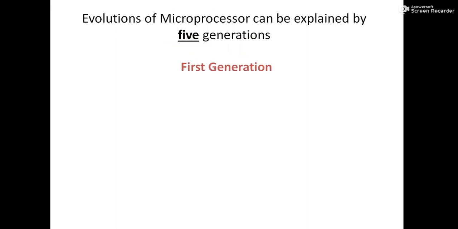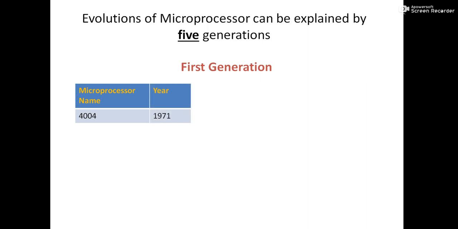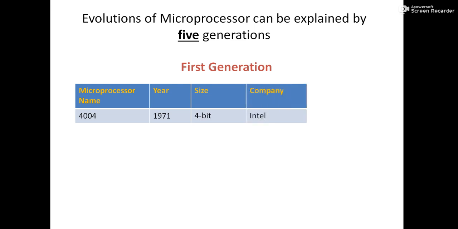Now first generation. The first microprocessor available in the market was 4004. It was introduced in the year 1971. The size of this microprocessor was 4-bit, and the company which introduced this microprocessor was Intel, and it was designed to be used in calculators to perform simple calculations.